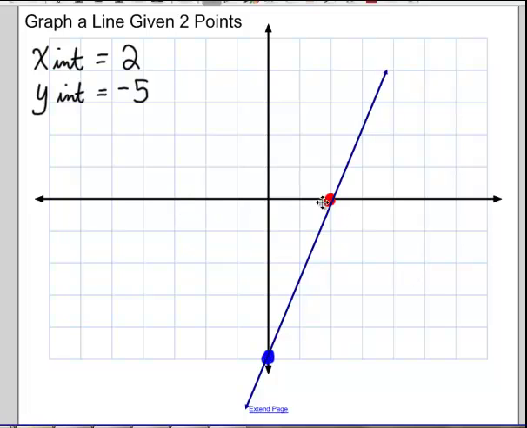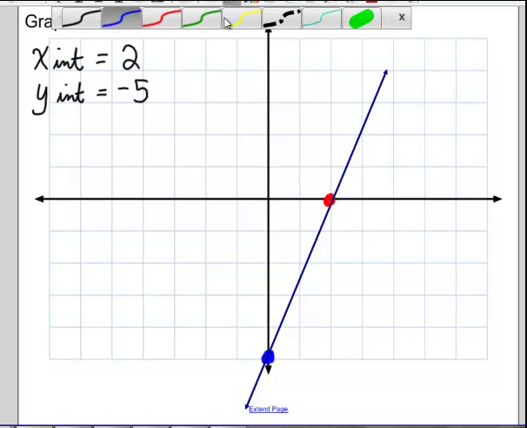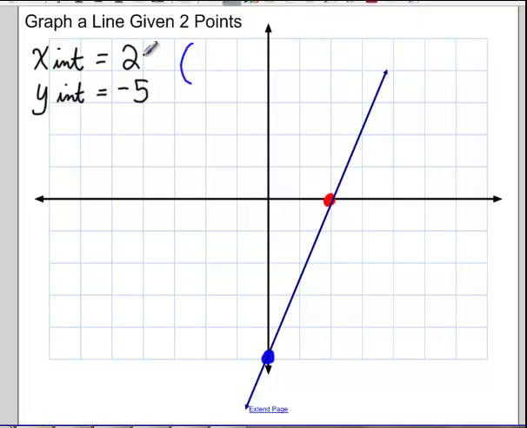Now sometimes you'll just be given 2 points, and if I'm just given 2 random points, I would have to find the slope. So the x-intercept, well, remember that that is at 2 and 0. My y-intercept is at 0, -5.